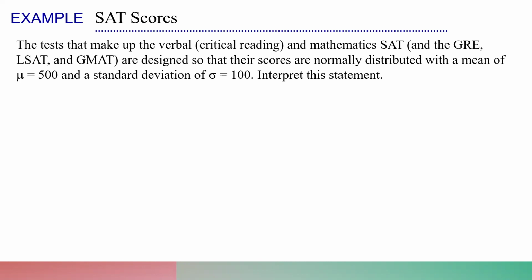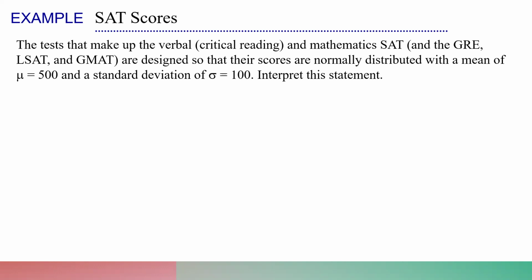And it's asked to interpret this statement. Well, if we're interpreting the statement, we can start very simply with the fact that using that empirical rule, 68% of the students have scores within one standard deviation. Because the standard deviation is 100, that's plus or minus 100 from 500.